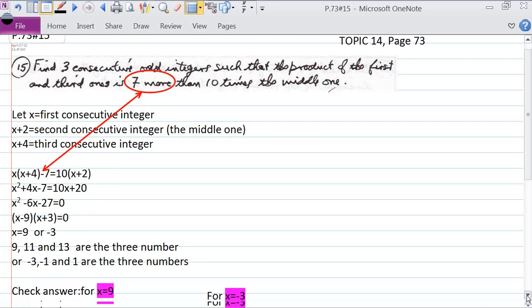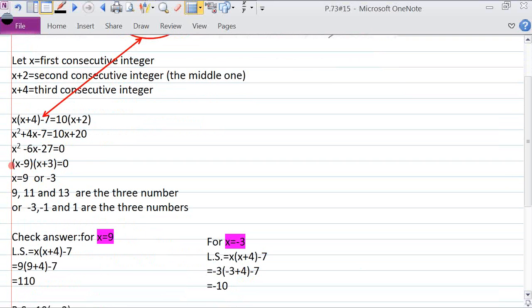So now I factor this, and the factors are, first of all, x times x gives me x squared, and the minus 9 times the plus 3 gives me the minus 27. The inner term, minus 9x plus 3x, are combined to give me minus 6x.